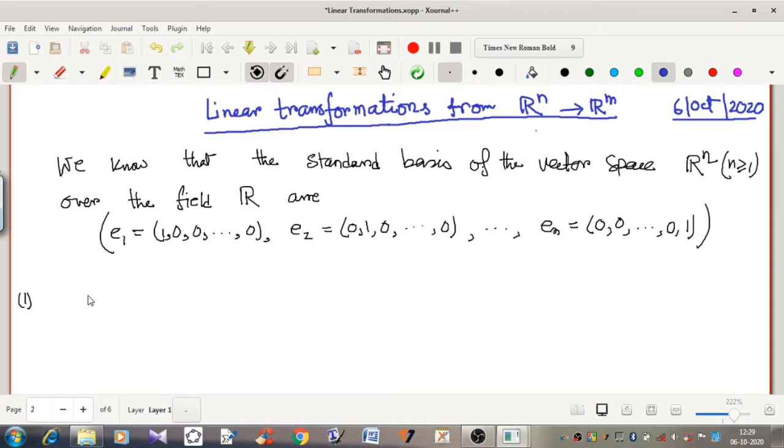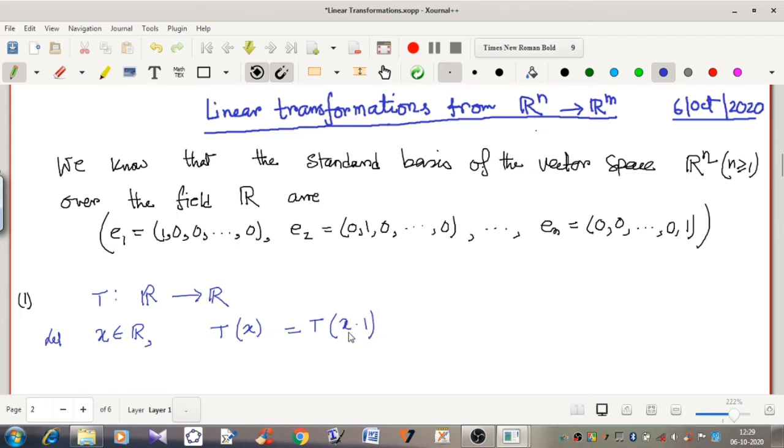So first we consider the linear transformation T from the vector space R to the vector space R. If we take any point x from R, then we can write Tx as T of x into 1.